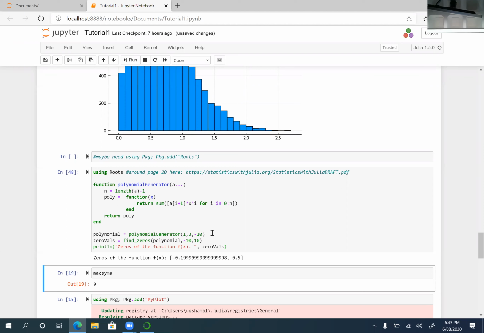So you'll see that the input is not actually an array because it's got no bracket around it, but you can think of it as an array as it operates in the function. And then below that, we're finding the real roots of the polynomial between minus 10 and 10. And then we see the output there.